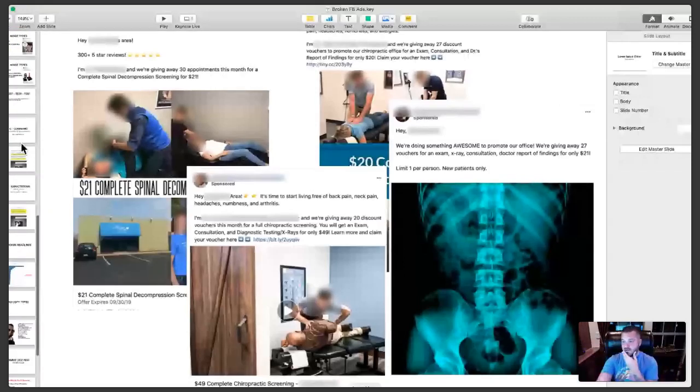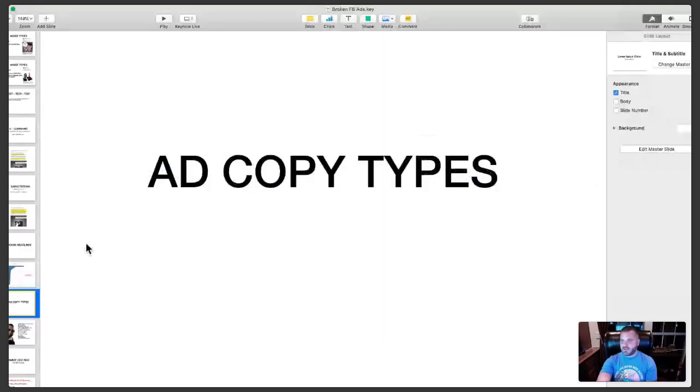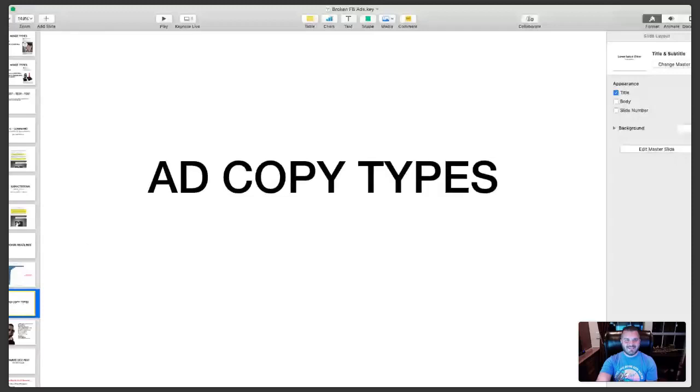Just real quick, I scrolled back and forth. Can you guys still see the screen? It should say add copy types. Can you guys see where it says add copy types? Nope. All right, let me do this again. Give me just a second.